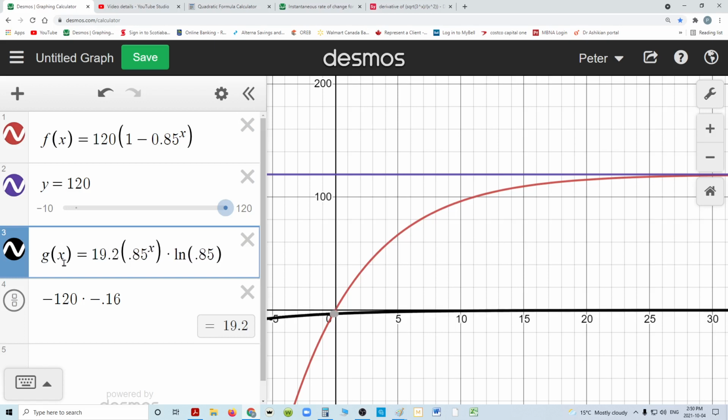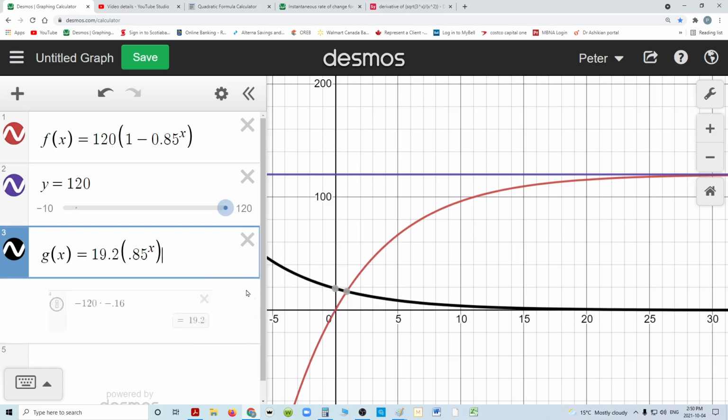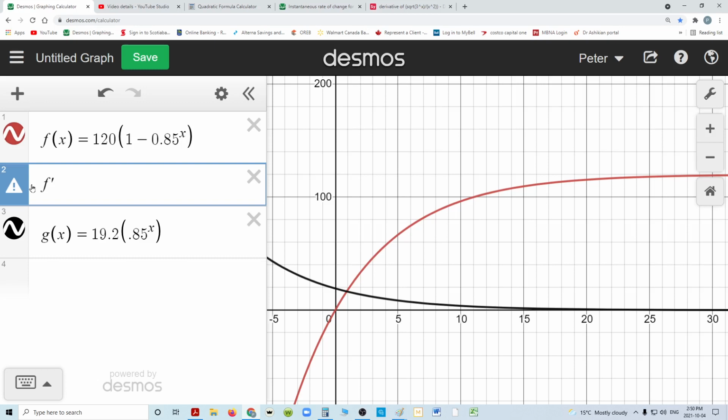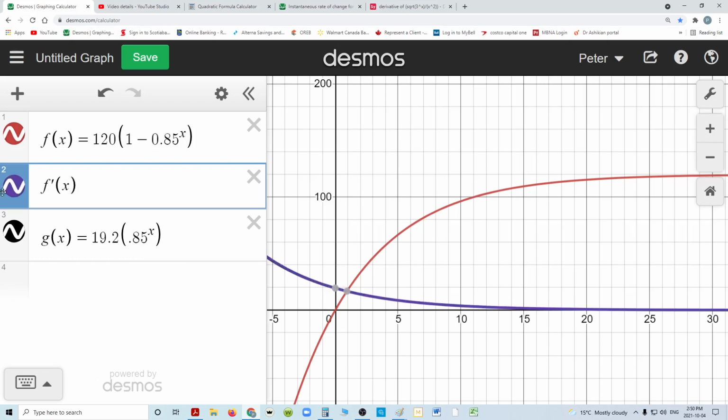And it's clear that we're dealing with a, got to get rid of this now. See how it compares to the actual f prime of x. Close enough.